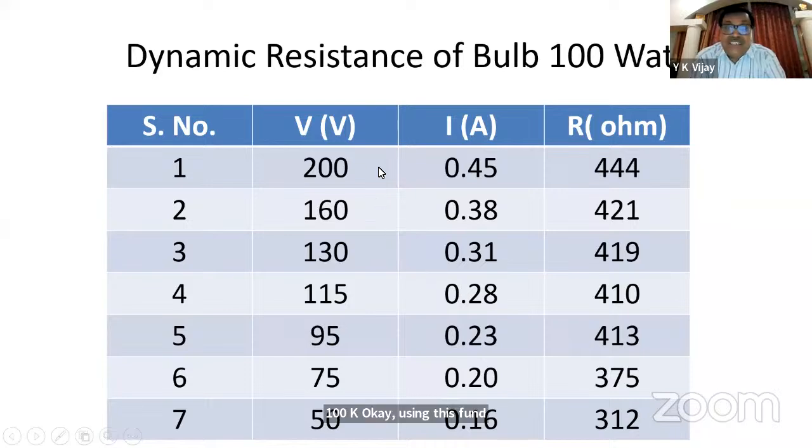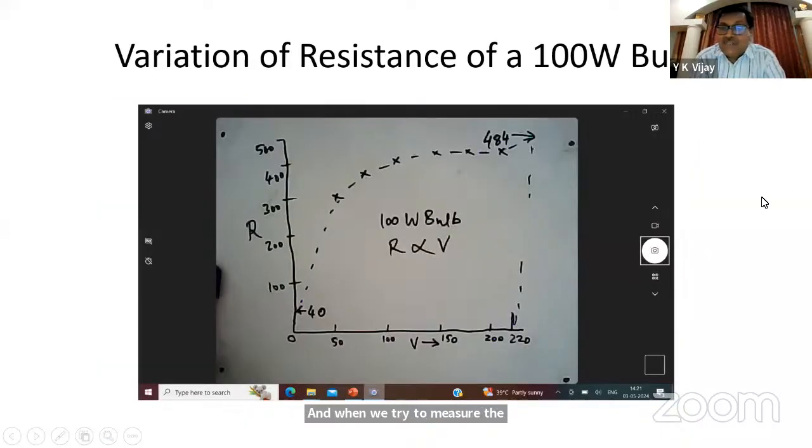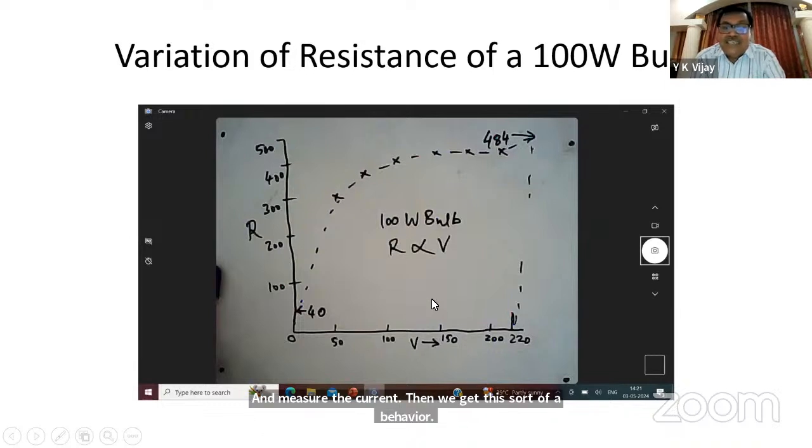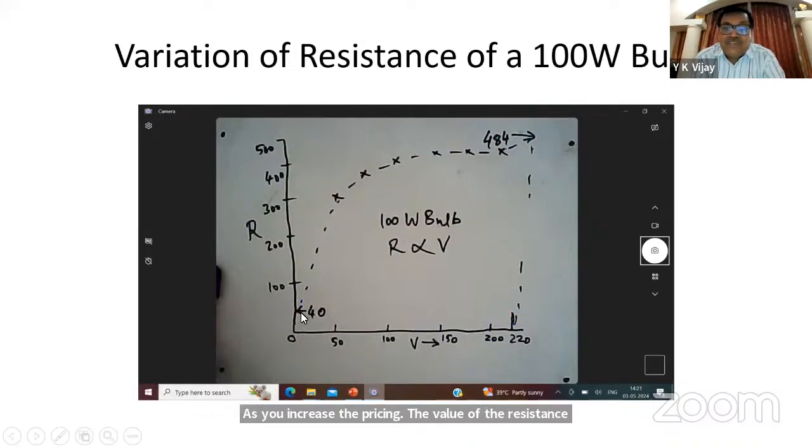When we measure the voltages on this network and the current, we get this sort of behavior. As you increase the biasing, the resistance of the bulb changes from 40 ohm to something like 484 ohm. This we can quantitatively measure using the devices I will show you.